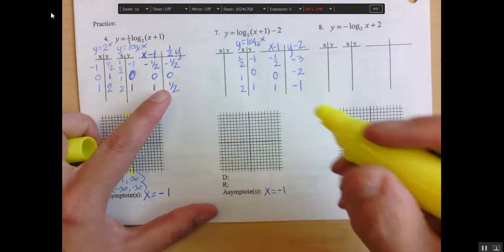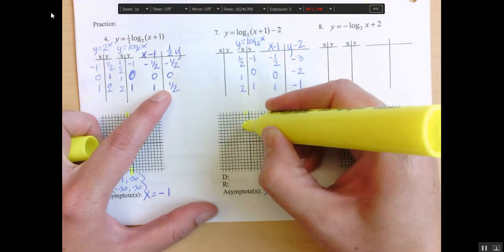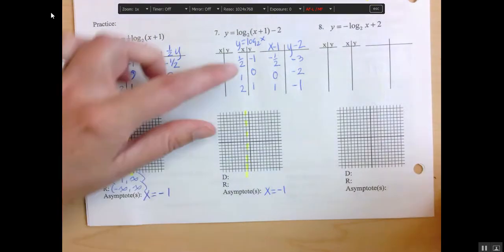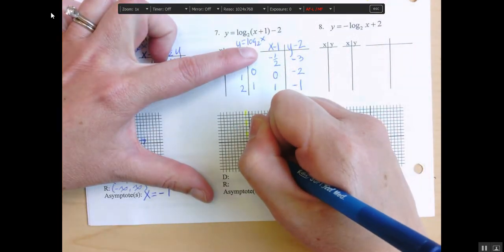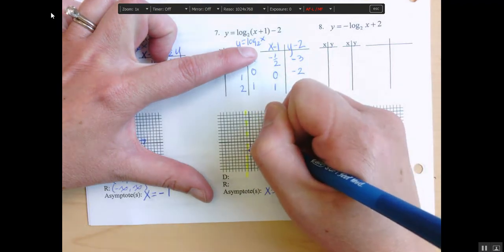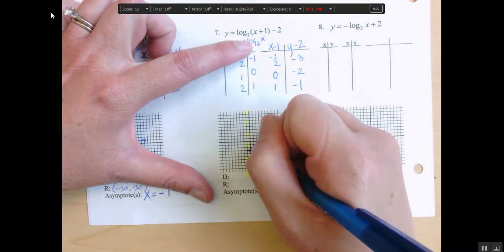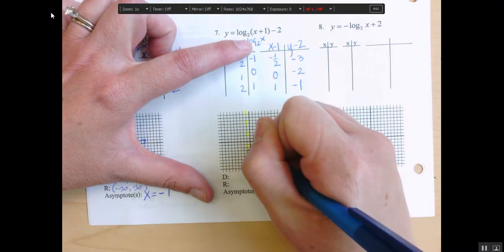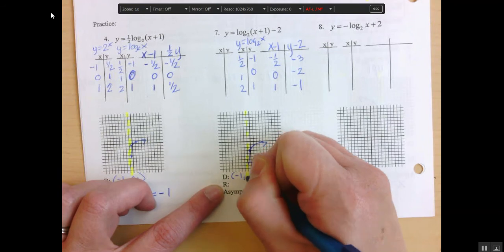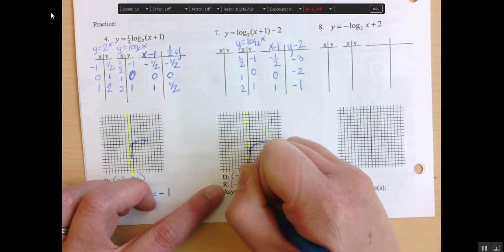So I'm going to graph the asymptote and then the points. -1/2, -3, 0, -2, and 1, -1. So your domain starts after -1, and your range is all real numbers.